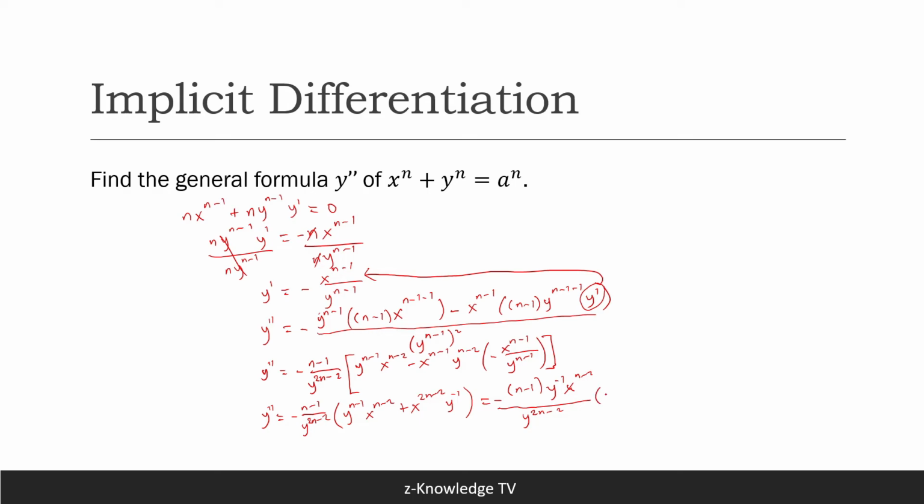Okay? Then, multiply natin ng y raised to n plus x raised to n. Okay? So, therefore, ang final answer natin is y double prime is equal to minus n minus 1 a raised to n multiplied by x raised to n minus 2. Okay? So, saan galing naman itong a raised to n natin? Ito yun, di ba? So, itong part na to is galing naman siya sa ating pinaka-equation.